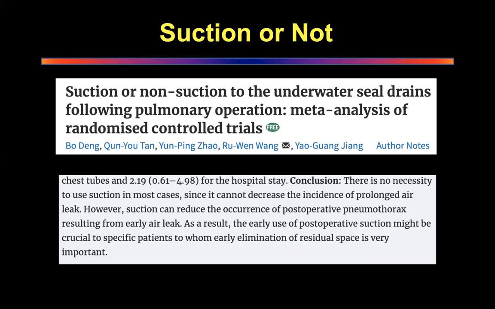But if you've connected a suction tubing to that end, and the suction is not working, then you have created a closed tubing, and the whole system becomes closed, and then you will end up with a surgical emphysema or tension pneumothorax. So if you're going to use suction, it has to be correct suction. You cannot have a blocked suction. In that situation, it's better not to use a suction.